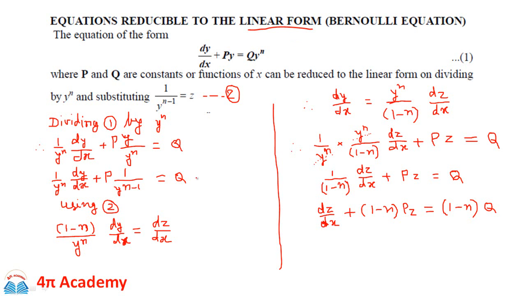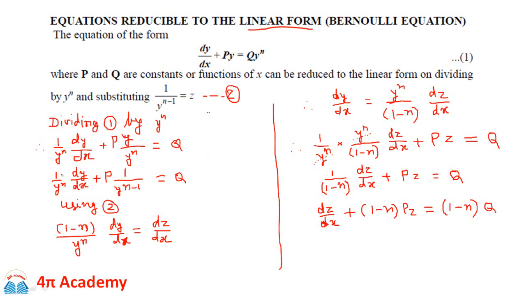So now let us divide this whole differential equation by a factor, say, y raised to power n. So dividing equation 1 by y raised to power n, we get 1 upon y raised to power n dy by dx plus P into y upon y raised to power n is equal to Q. This y raised to power n gets cancelled.